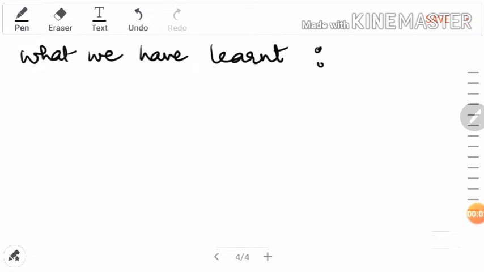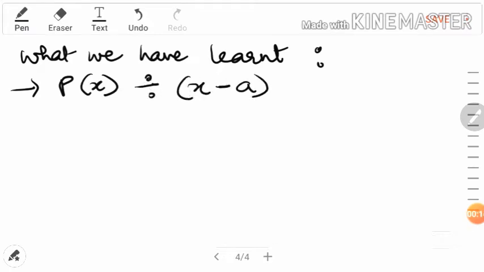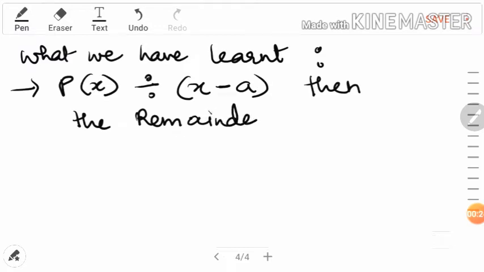Let us write these results in a shorter way so that it becomes easier to remember. When we divide a polynomial p of x by a polynomial x minus a, then the remainder is p of a.